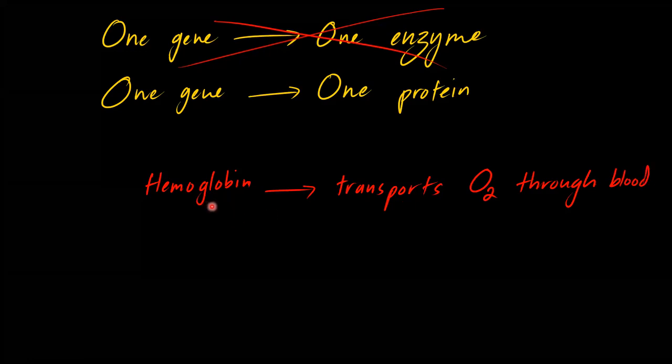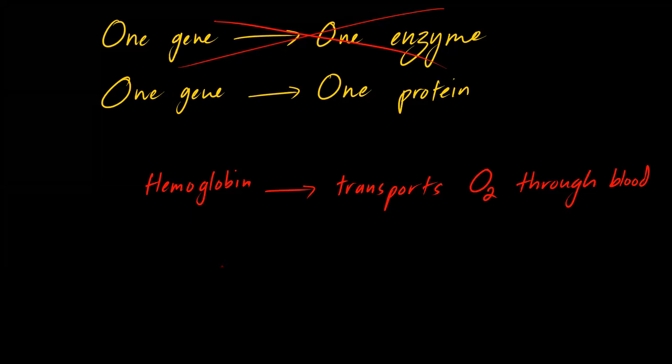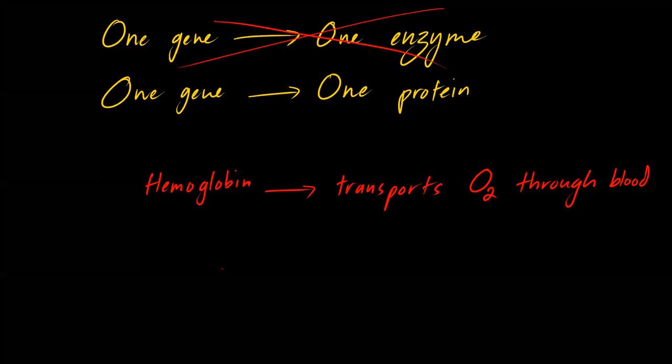Hemoglobin consists of 4 polypeptides. Remember when you learned about the 4 levels of protein structure, the primary, secondary, tertiary, and quaternary? Hemoglobin is an example of a protein with a quaternary protein structure.